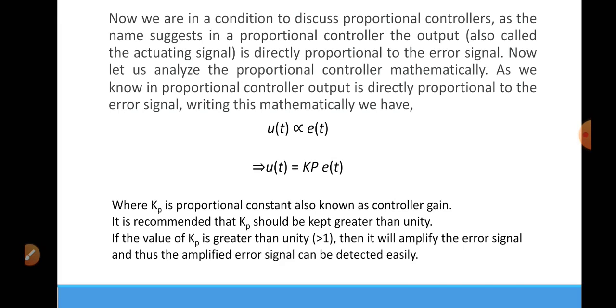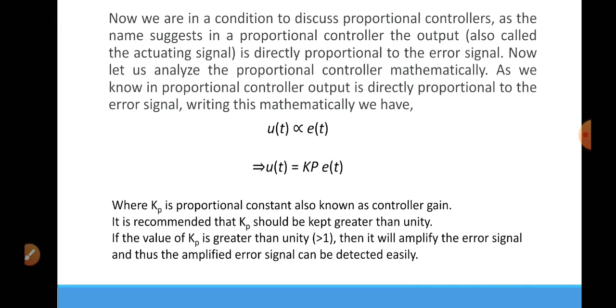So we need to amplify it, and this amplified signal is then given to the plant, where the plant will take corrective action as per the error signal. There are some systems, and when I say system, that means a plant, which are not able to detect smaller values of error signal.